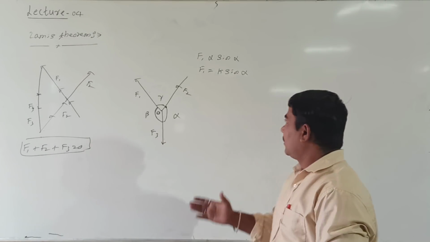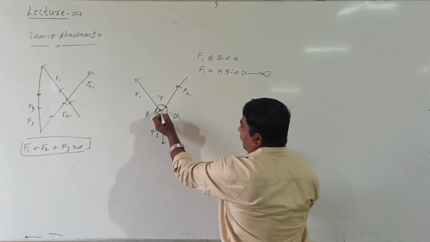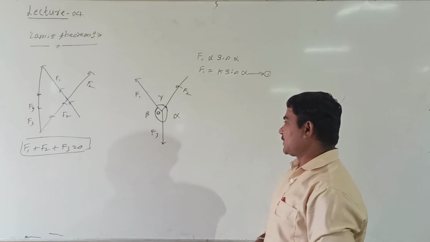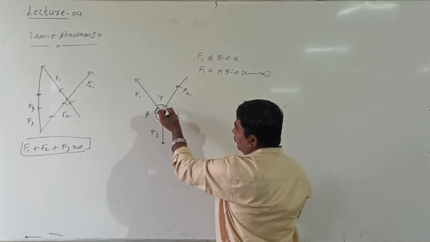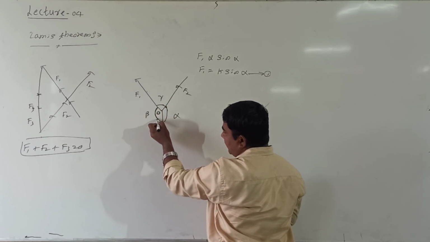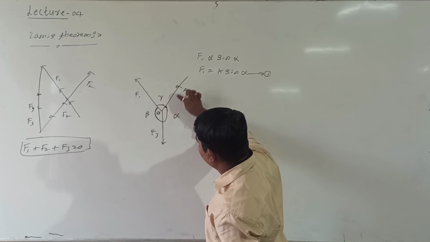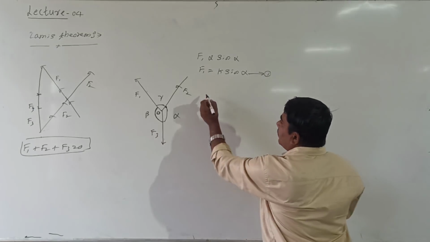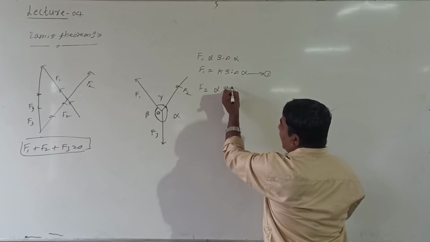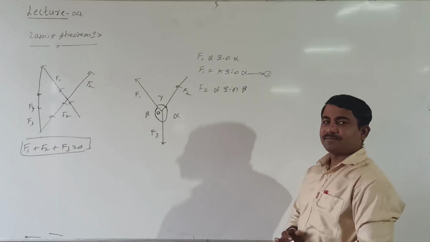Similarly, shall I take this one? Equation number 1 says F1 is directly proportional to sine alpha. Similarly, students, look at it. This is F2. The force F2 is directly proportional to the sine of the angle between F1 and F3.